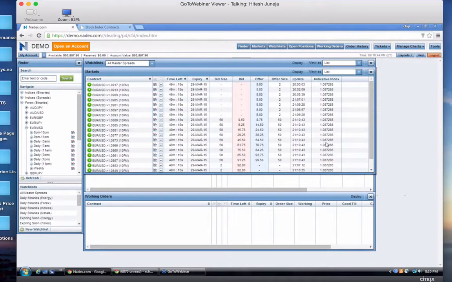So the payout is predetermined to be $100 in the end. What you're seeing over here, that's jumping on the screen, all the prices, you can actually enter a contract, which is basically entering a trade. You can enter a trade and say, I think that this will be worth more than 1.0881, in which scenario you would be paying $16.25.